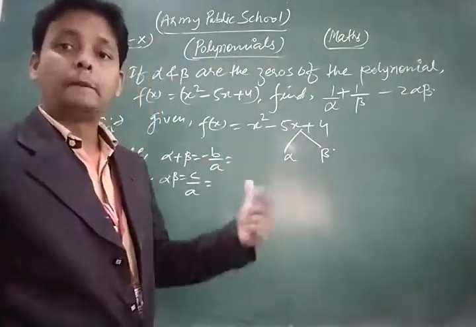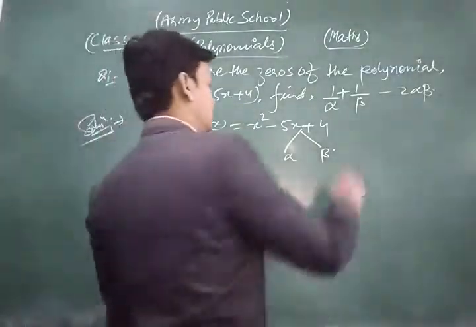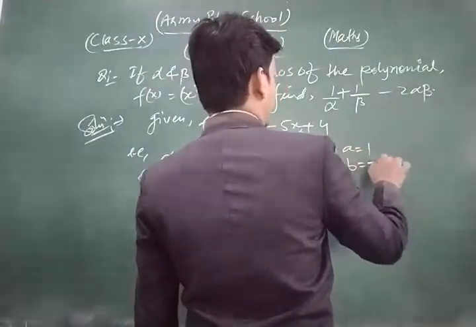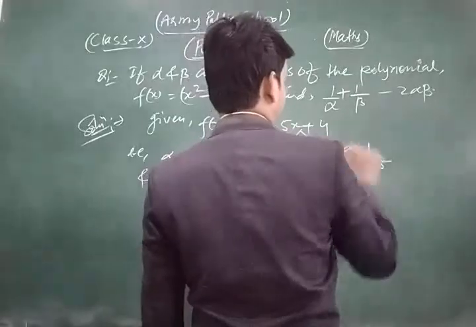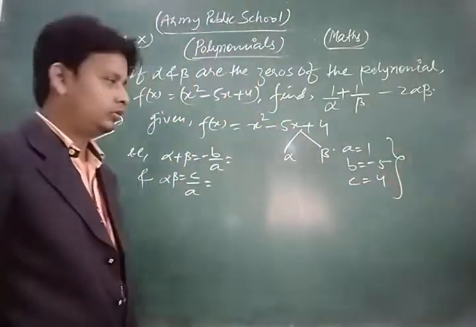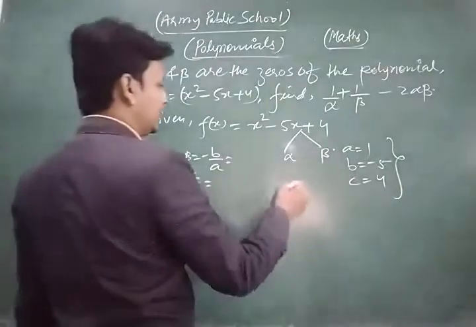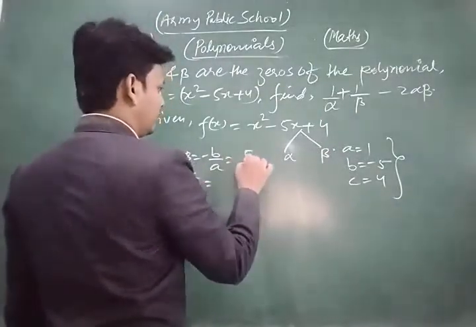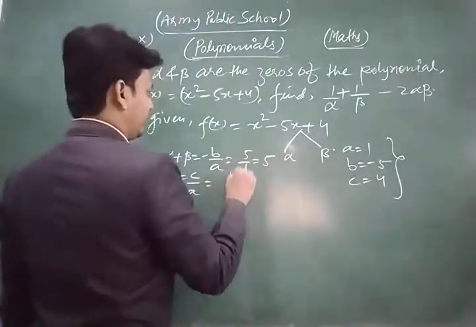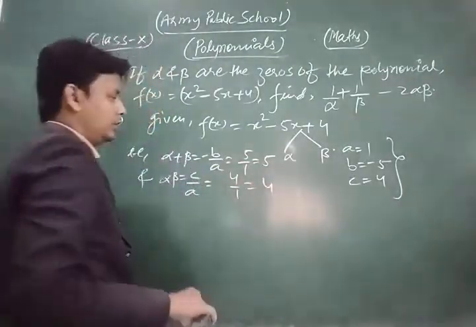After comparing this equation with the standard form, a is equal to 1, b is equal to minus 5 and c is equal to 4. Now alpha plus beta is minus b by a, that is minus minus 5 upon 1, that is only 5 is left. Product is c by a, c is 4 upon 1, that is 4 is left.